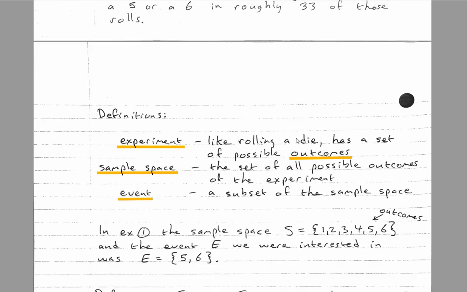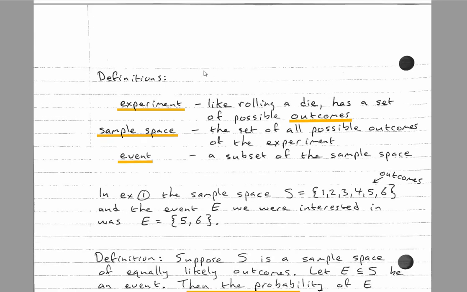So let's look at our definitions and the actual formulas. Probability has its own language. In probability, an experiment just means something like rolling a die, or tossing a coin, or getting dealt a hand of cards.